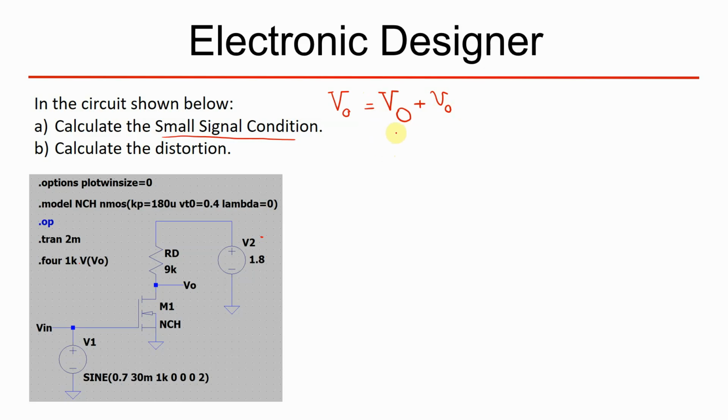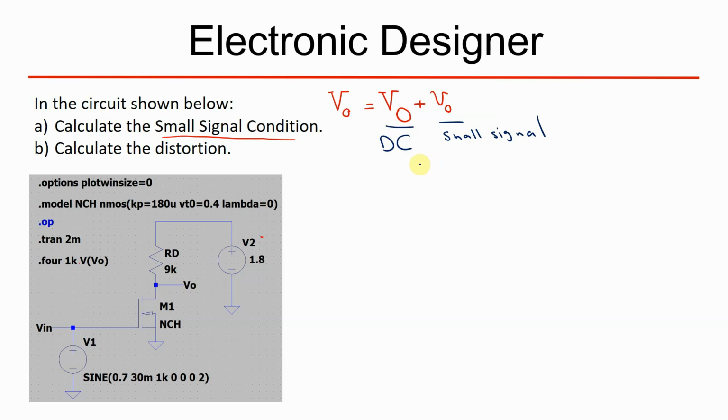This means a large signal, or a DC component of VO, and this one is a small signal of VO. For every signal, for example in VO or V in, we have two different components, so you have to take care of both of them.